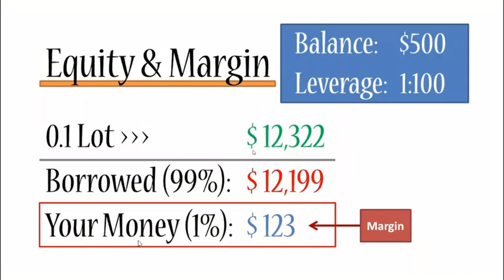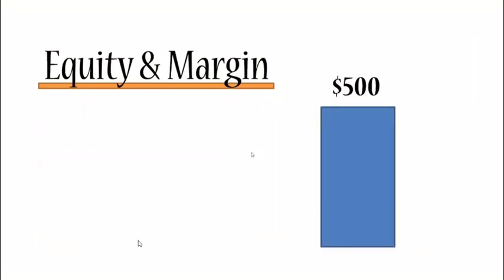So let's discuss margin, the concept of margin, and equity, and the dynamics that go behind leverage, how it works, and how it helps us trade the market. Here's an example. We have $500 on our account.